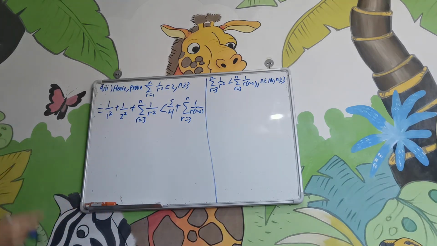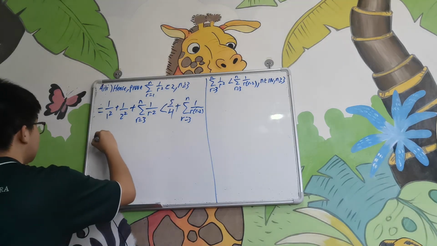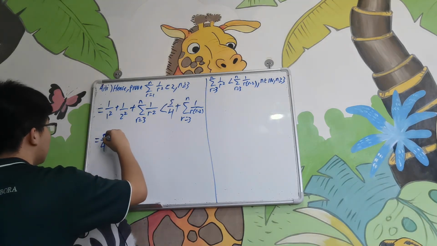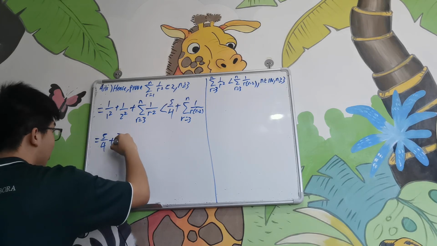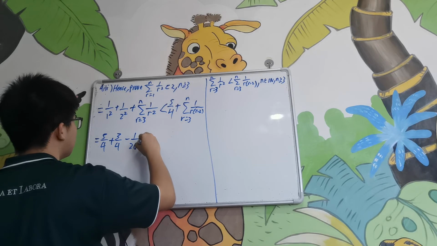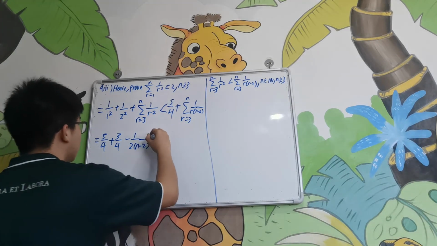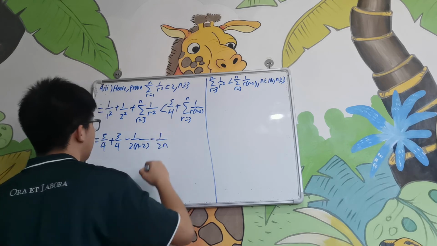And now, using the thing that we got in part 2, is equal to 5/4 plus 3/4 minus 1/2. I think it's n minus 2 or 1 if I recall correctly. I don't really recall. Minus 2n.